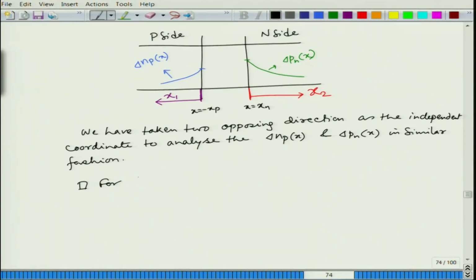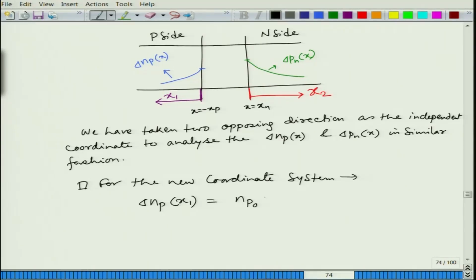So, for the new coordinate system, what we can write is delta n_p(x_1). Note that we did not use x, but we have used x_1. This is n_p0 (e to the power qV by kT minus 1) times e to the power minus x_1 divided by L_n.